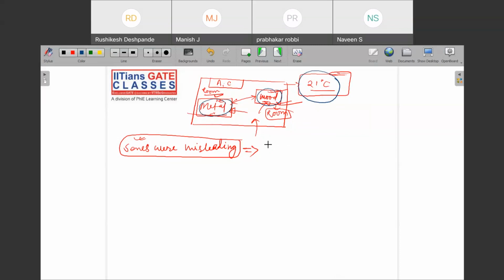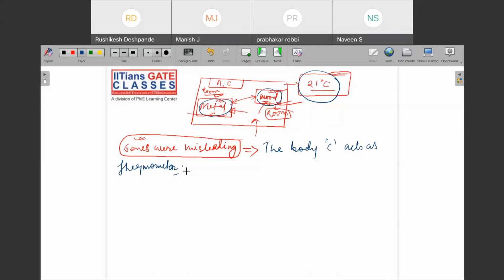That means the body C in the zeroth law acts as what? It acts as a thermometer. This body C acts as nothing but a thermometer.